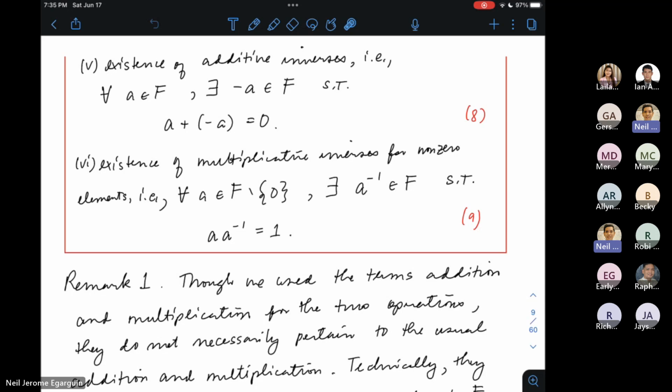Connection nyo doon. Ang isang field ay may dalawang operations of course, but the first operation together with the set constitutes an abelian group. Then the set minus 0 together with the second operation constitutes an abelian group. And if the multiplication is distributive over addition, meron kang field.